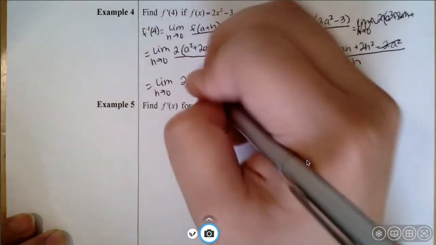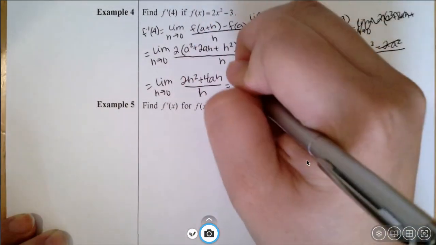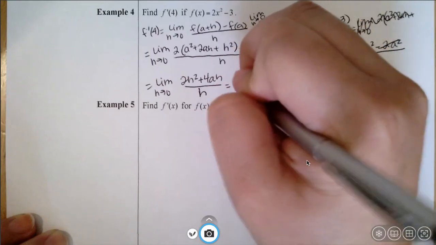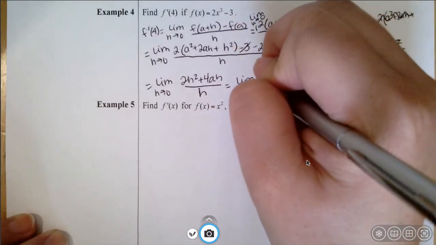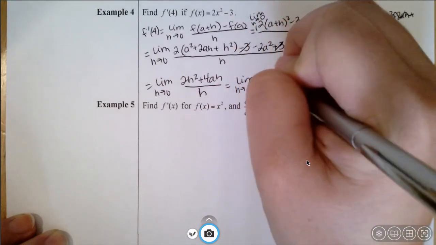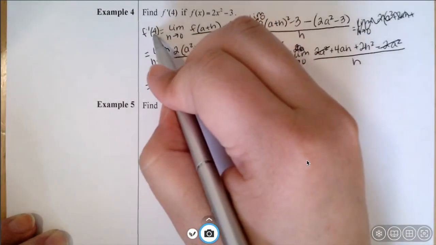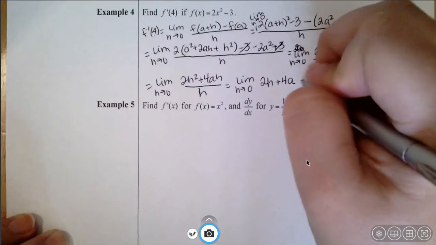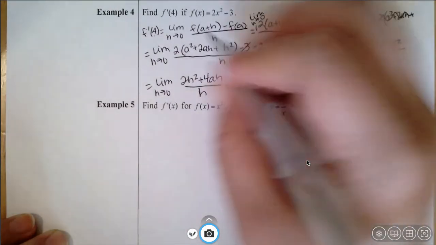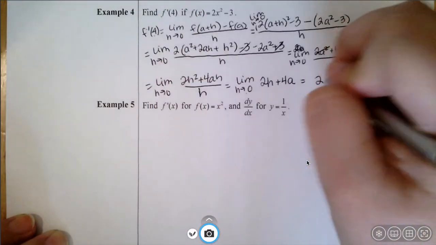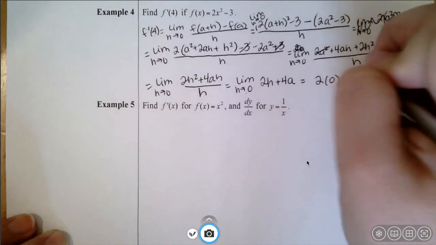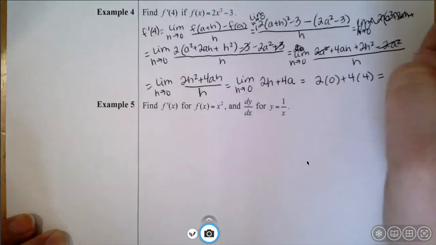I can reduce by h. So we get the limit as h approaches 0 of 2h plus 4a. Well, a is 4. So h is 0 and a is 4. 2 times 0 plus 4 times 4 equals 16.